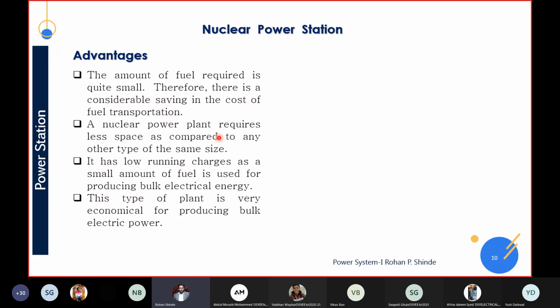That means same rating of power plants are there, nuclear as well as coal, but coal requires larger space as compared to nuclear. That means nuclear requires less space. First it requires less fuel, next it requires less space.